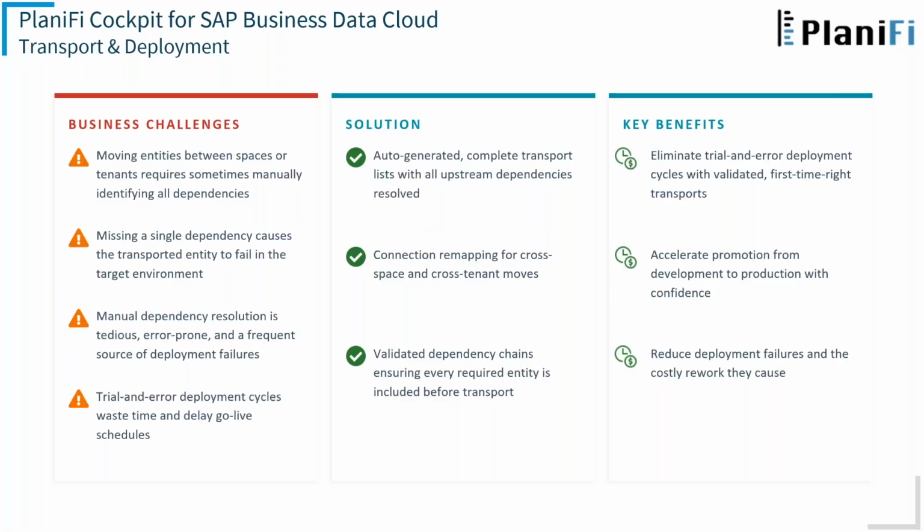The other part I want to talk about is the transport portion. Today, out of the box with Datasphere, there is the ability to move objects between your dev, QA and production systems. Moving things between spaces is not something that happens out of the box.